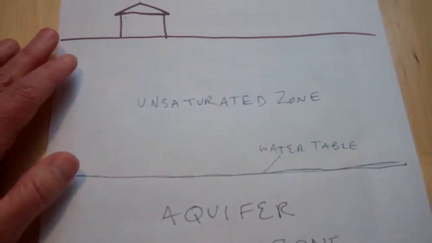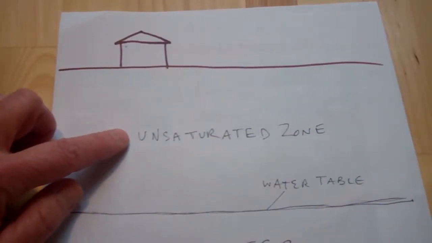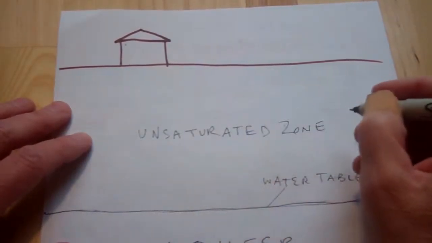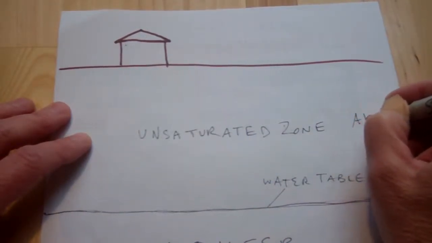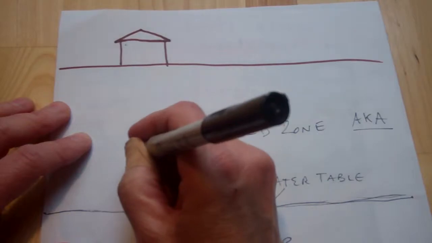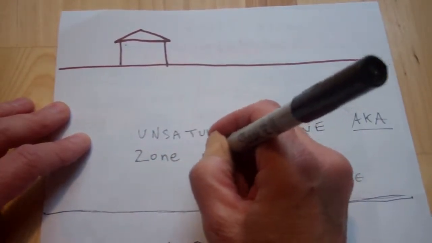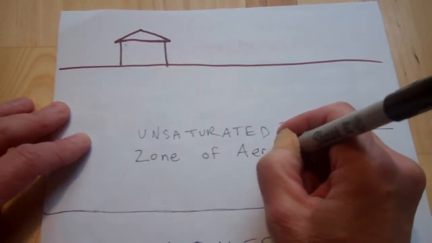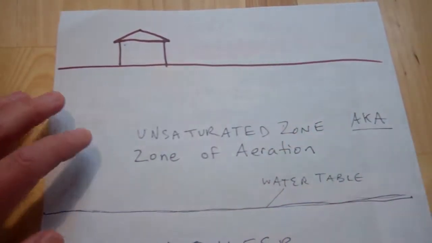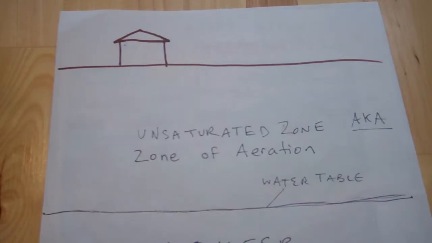We also call this layer the unsaturated zone. It's also known as the zone of aeration. Think of air, because air is filling those pores.